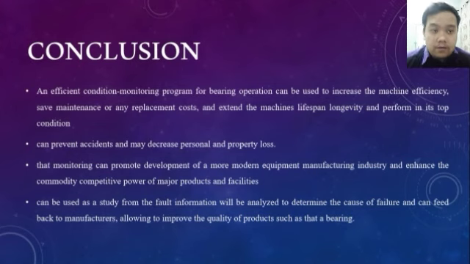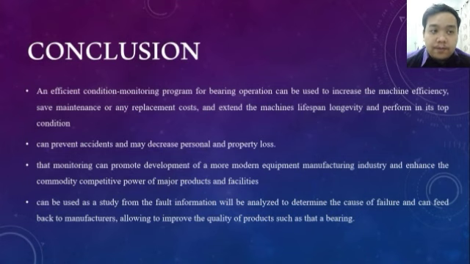Thus, as for the conclusion, the usage of mechanical components demands high maintenance and care. It can be summarized that a rotating machine's condition and well-being is determined by the state of its rolling element bearings. An efficient condition monitoring program for bearing operation can be used to increase machine efficiency, save maintenance or replacement costs, and extend the machine's lifespan, longevity, and performance in its top condition.